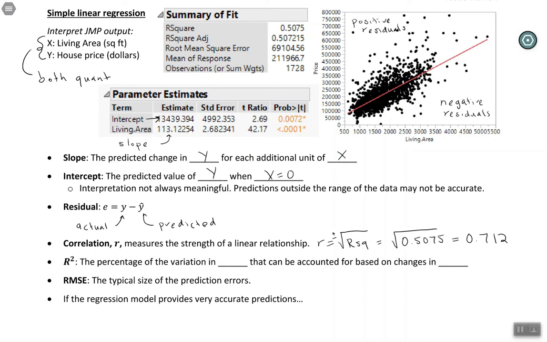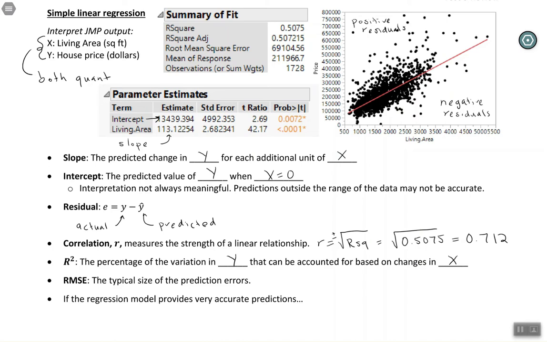R squared, obviously it's related to correlation, so it measures the same sort of thing. It's measuring how far the points fall from the line. But we can also interpret R squared as the percentage of the variation in y, in this case the percentage of the variation in prices, that can be accounted for or explained based on changes in x. So here we'd say about 50% of the variation in prices can be explained based on living area.